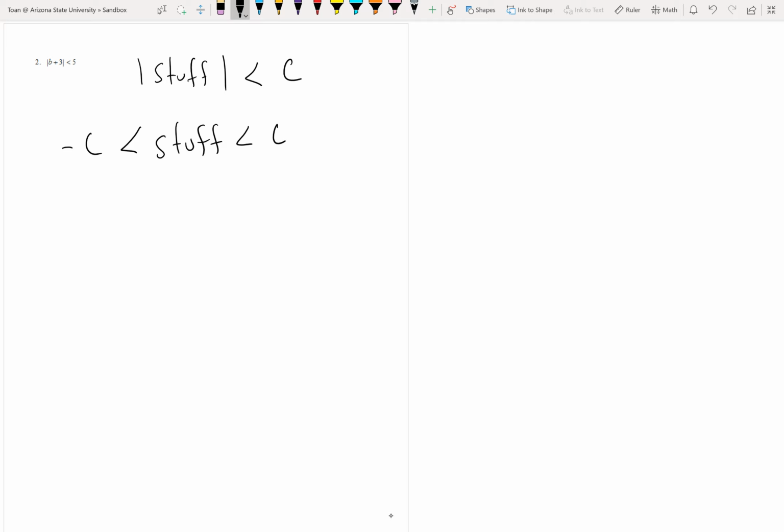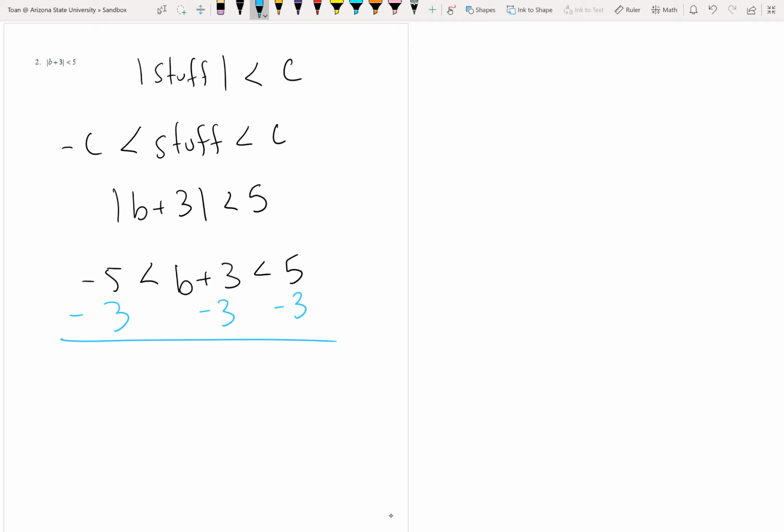So in this instance here, if we have absolute value of b plus 3 is less than 5, to set it up, you surround the b plus 3 between the 5 and the negative 5, and just solve for the variables. I'm going to subtract 3 to get b by itself, but you would have to subtract 3 from all three sides. So it's negative 8 less than b, which is less than 2. So that would have been the complete answer.